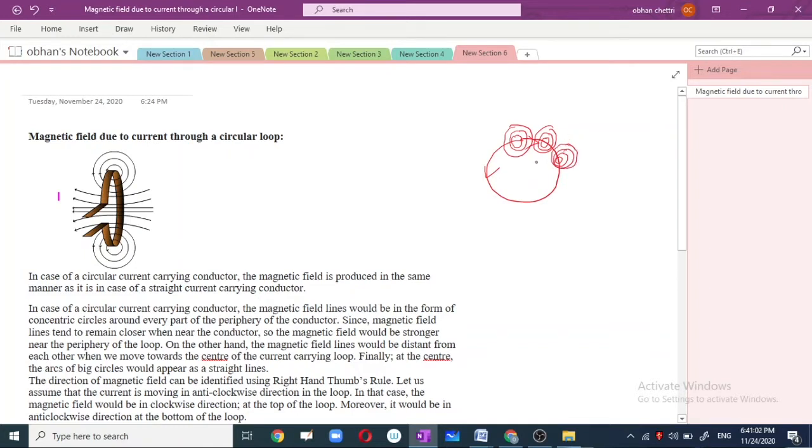If I keep on drawing all these magnetic field lines, the theory becomes very complex. So what can be done is I can consider a circle in such a way that the circle is composed of many straight current carrying conductors, as shown in the figure.